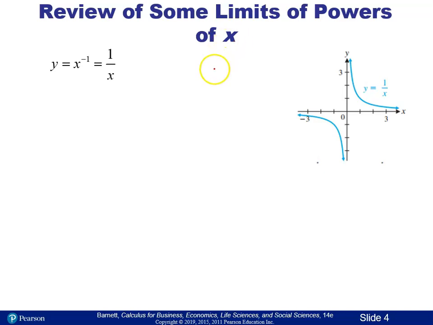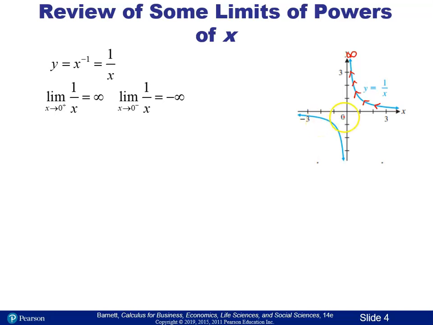This is a reciprocal function, 1 over x, so you can see the graph of it here. And remember, graphing is one of our techniques for finding limits. So this would be the limit as x approaches 0 from the positive side. That's going to be this part here, which takes us off the top of the graph, to infinity.